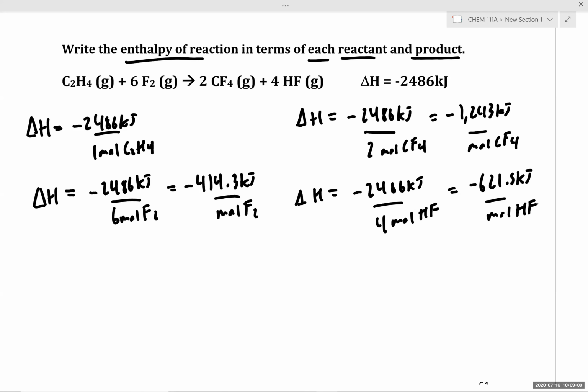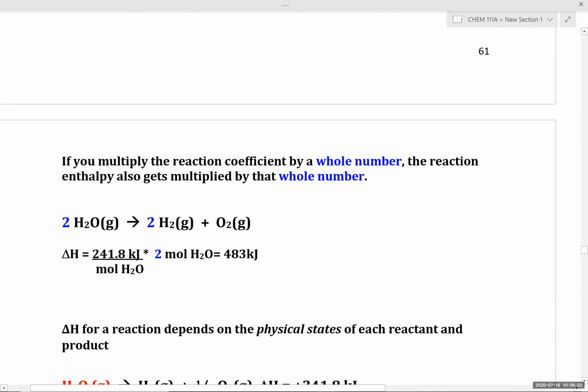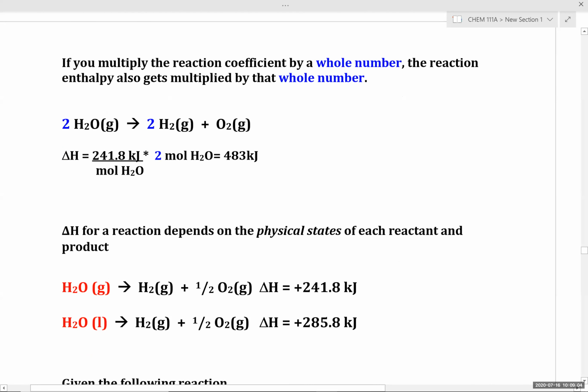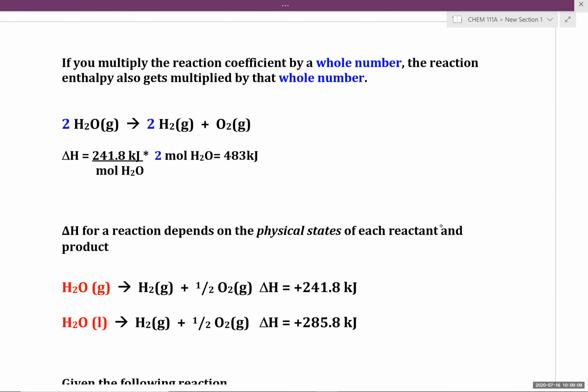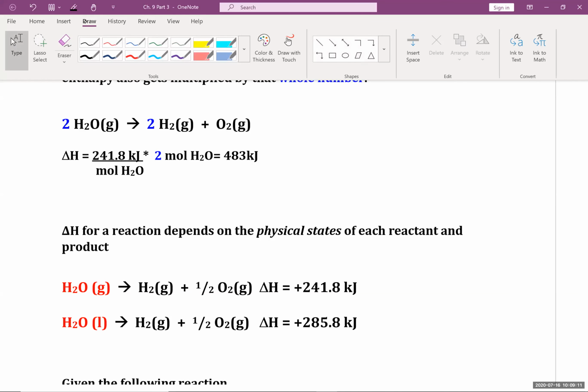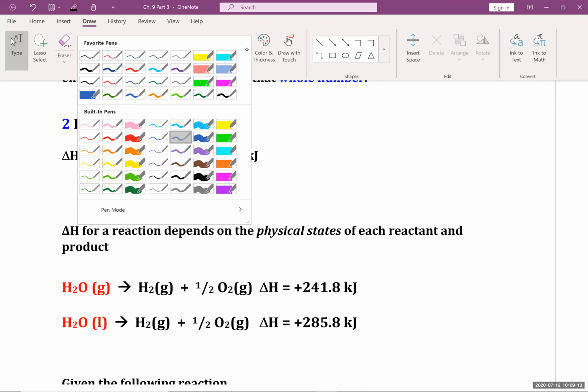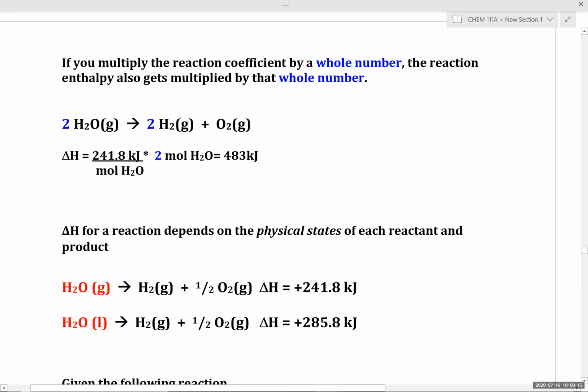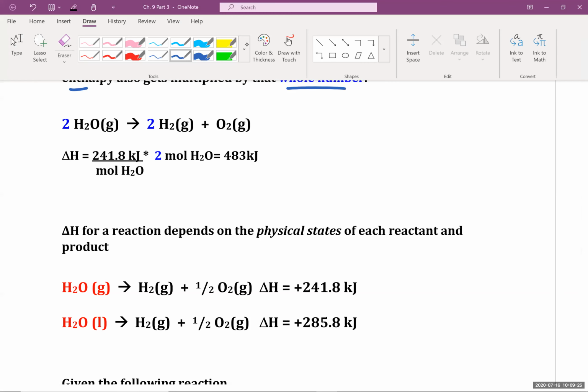So let's continue on now and apply this idea, and start to look at what happens when you begin to modify your chemical equation. Suppose, for example, that if you multiply your reaction coefficients by a whole number, the reaction enthalpy also gets multiplied by that whole number.